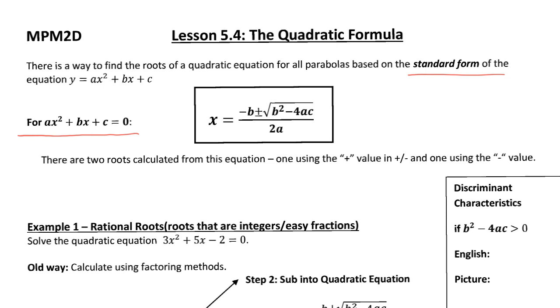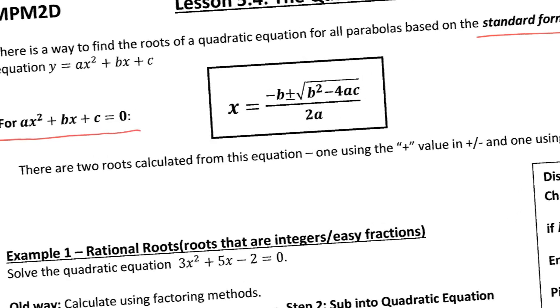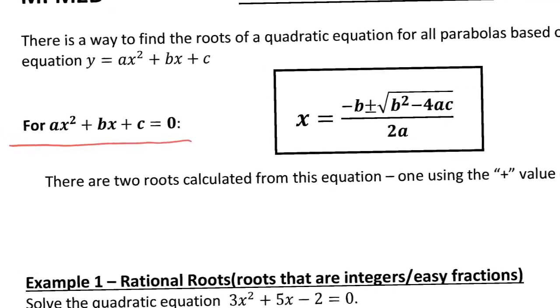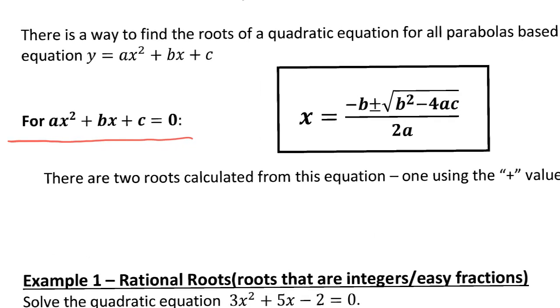Now, I'm going to zoom in on the most important thing for today. Remember, this equation is based on these two things: ax squared plus bx plus c, where the x squared term has a number on it, you have a bx term, and you have a c.